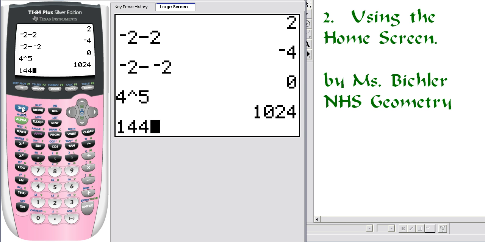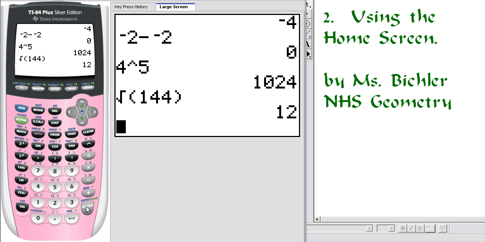You would have to first hit second, let's go enter first. Ooh, that's nice. Second, square root, then 144. It's best to close your parenthesis after that, then hit enter. Now it has given you the positive square root. Is there another one?